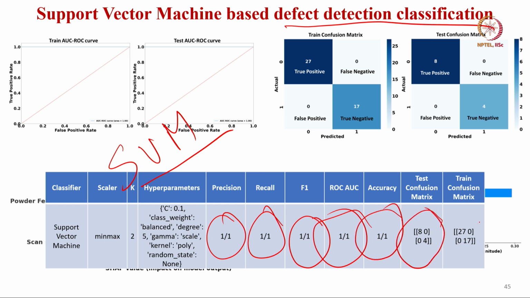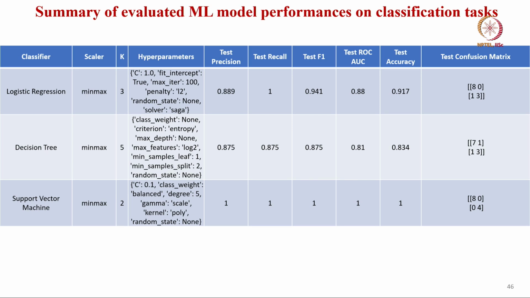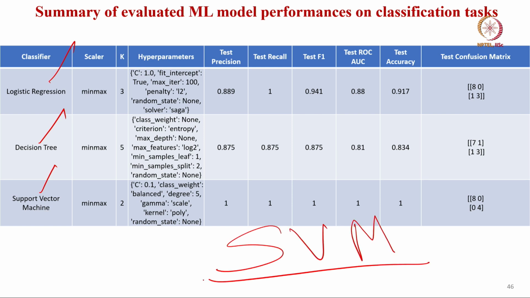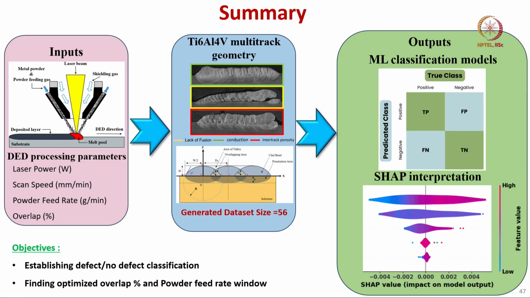So, the test confusion matrix is an 8, 0, 0, 4 matrix, and the train confusion matrix is a 27, 0, 1, 7 matrix. So, this is the summary of the logistic regression, decision tree and support vector machine, and you can clearly say that SVM is the best performing classifier model based on these parameters, and it predicts very well all the defect classification in this particular case.